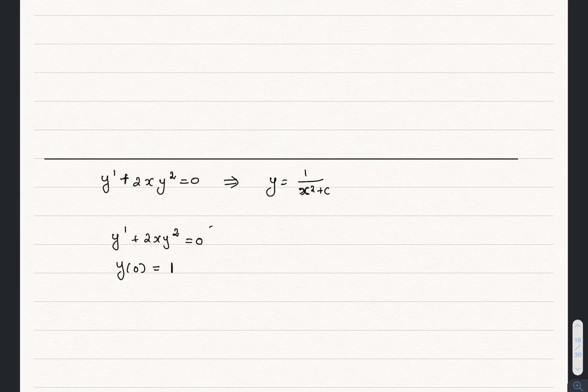Now, let's take a look at this. This is an initial value problem, ladies and gentlemen. The reason is that this is a differential equation, but it's not by itself. It is accompanied by an initial condition. For that reason, this is an initial value problem. This initial value problem can have only one solution. And now you figure out the c value and tell me what it would be.